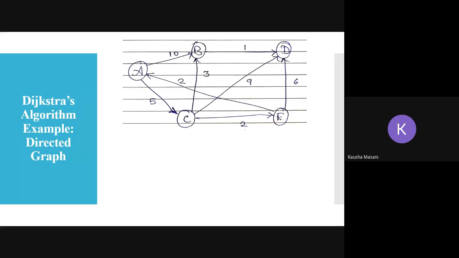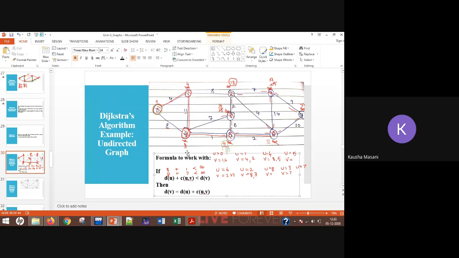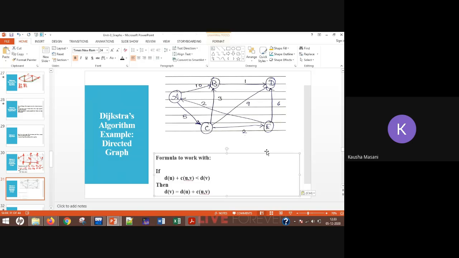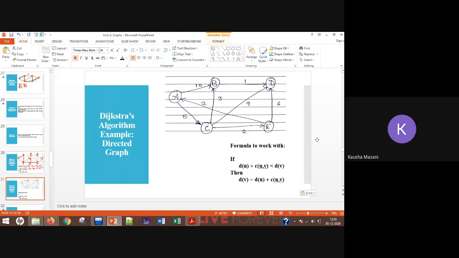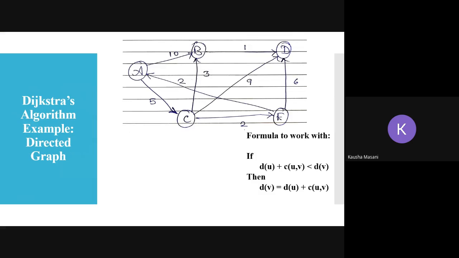The formula you are going to apply is the same. There is no change. You are going to calculate the distance, and if the distance is less than infinity, then you are going to update.